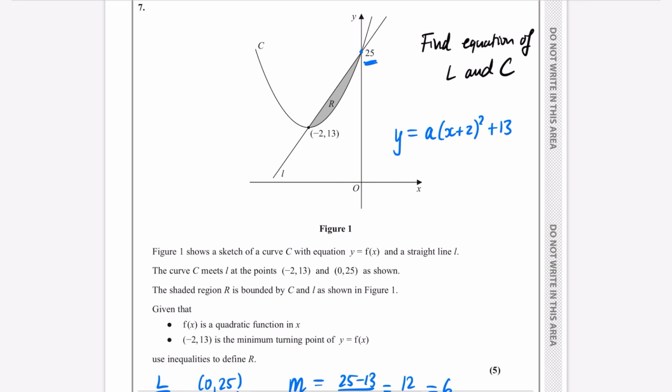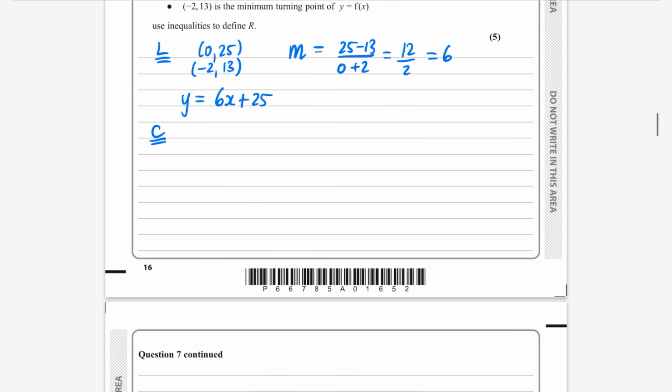In fact, when x is equal to 0, you get 13 plus 2 squared, 13 plus 4, which gives 17. So it doesn't actually work there. We need to make sure that this goes through the coordinate 0, 25. So for C, y is equal to a brackets x plus 2 squared plus 13. And we know that when it is going through 0, 25, x is equal to 0 and y is equal to 25. So 25 is equal to a, and then x is 0, so that's just 2 squared plus 13.